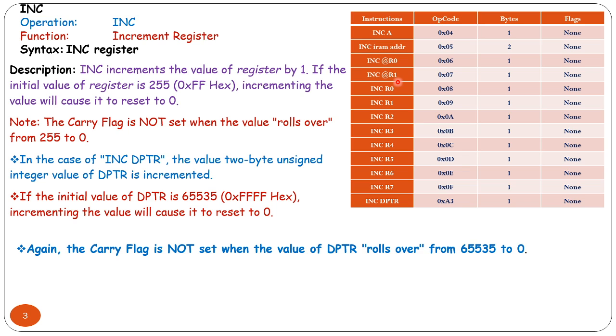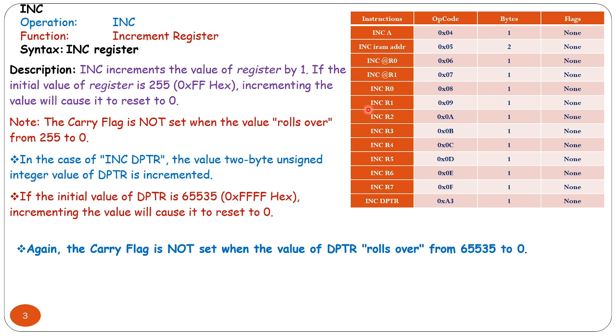INC @R1: the content of random access memory indirectly pointed by the R1 register is incremented by 1, having operation code 07H, and this is a 1 byte instruction.